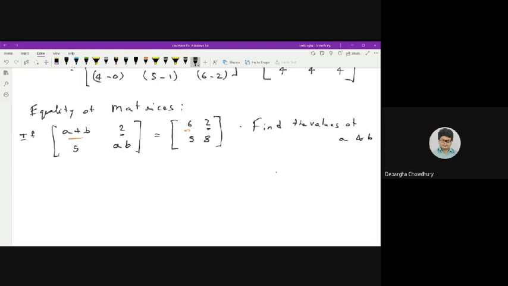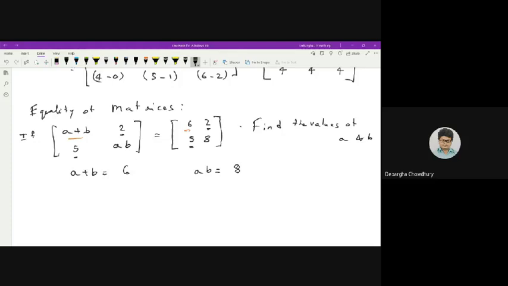Similarly, the second row, first column elements are also equal. So we could equate them like this: a plus b equals 6 and ab equals 8.